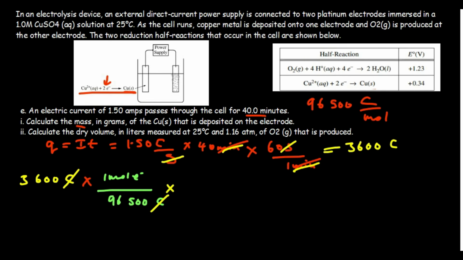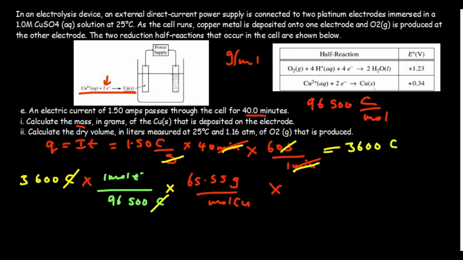What more do we need? We also need the molar mass of the copper in this case. So the molar mass of copper is in grams per mole. The units for molar mass is grams per mole. So it's 63.55 grams per mole of copper.